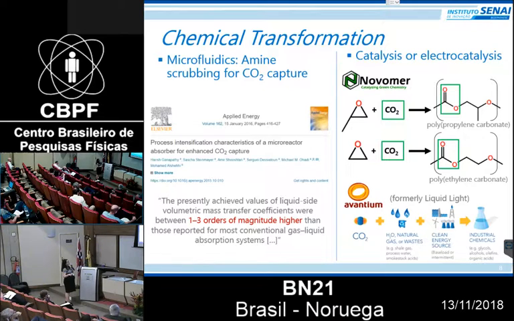And also when working on catalysis or electrocatalysis, they can determine thermodynamic and kinetic parameters and also develop some technical economical analysis.